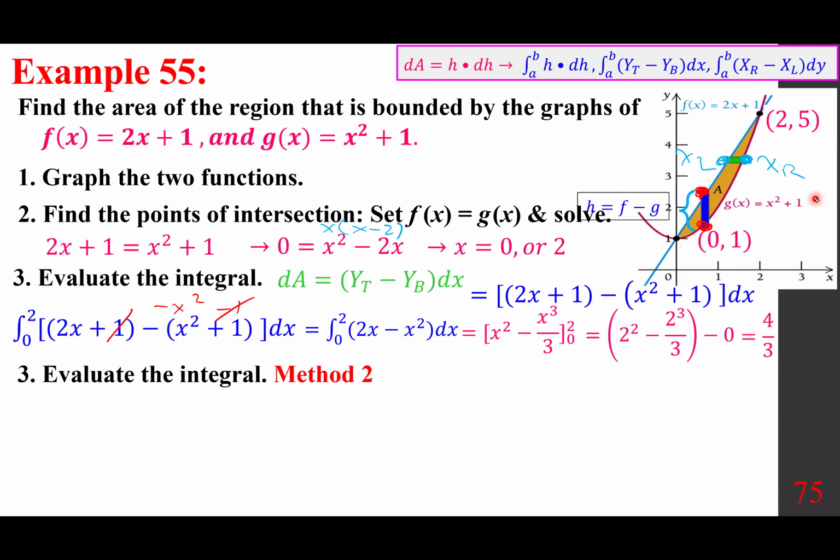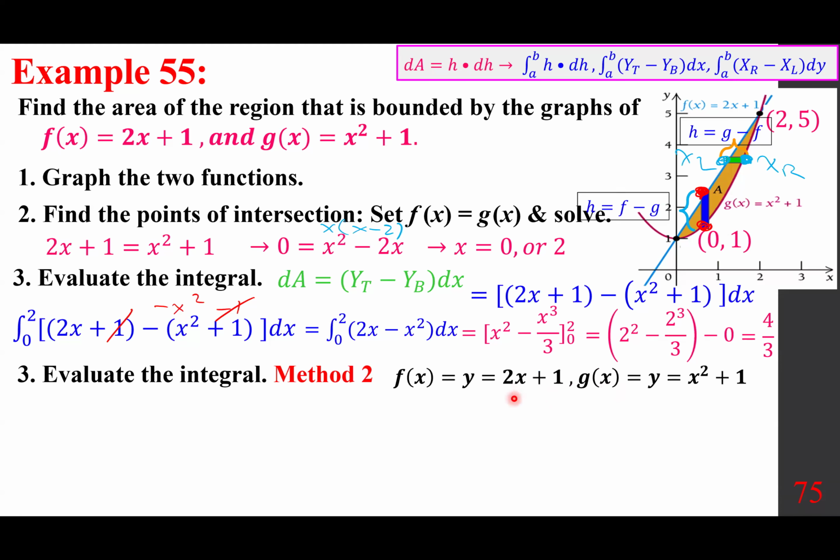So here's method 2. The height is x of the right minus x of the left, times dy, because this is going to sweep along the y-axis. So we write those, and we want to solve for x.